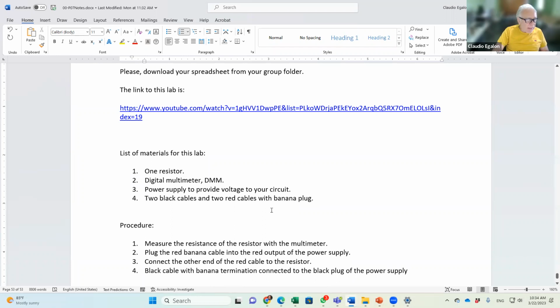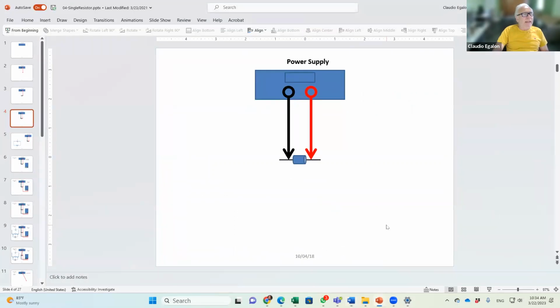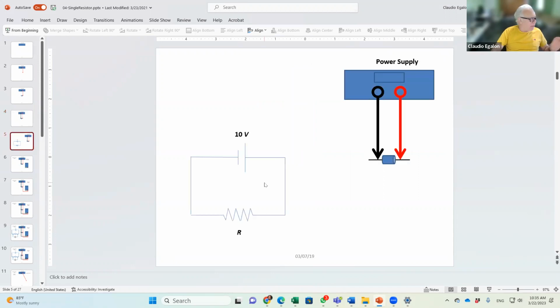And two red cables with banana plug, of the power supply. And once you have done that, you have completed your circuit. Okay, the schematic diagram is something like that.